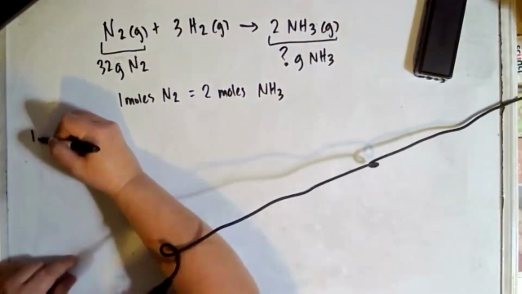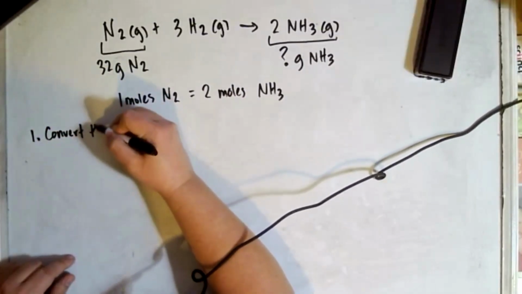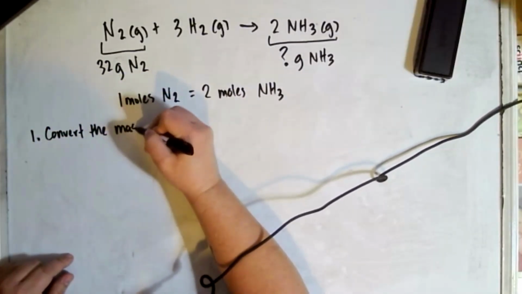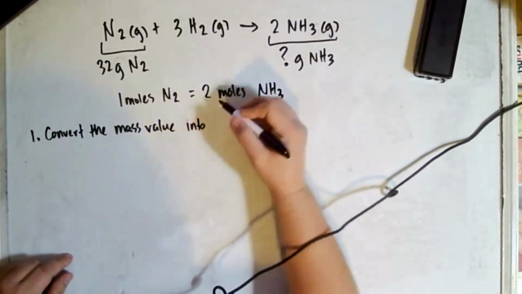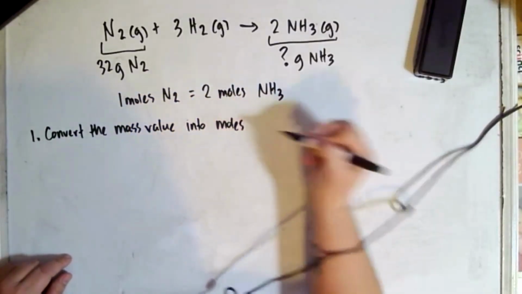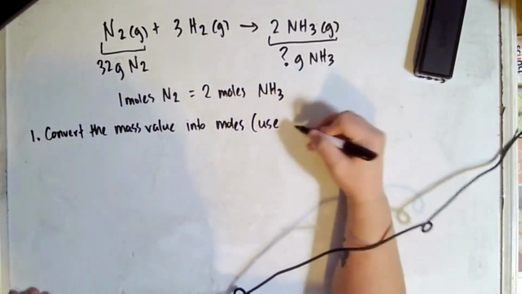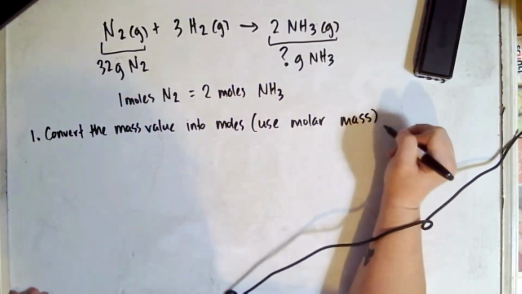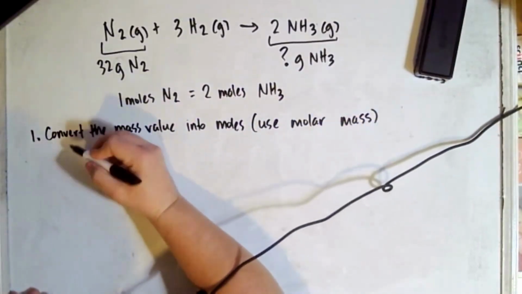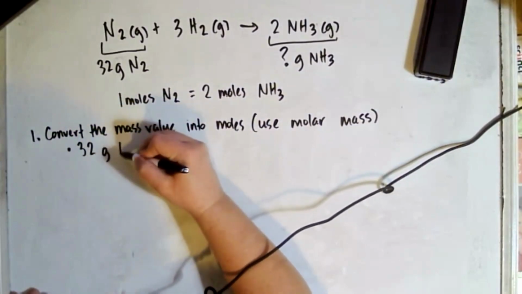Our first step is always going to be to convert the mass value that we're given into moles. And to do that, we're going to use our molar mass. So we're going to take our 32 grams of N2.